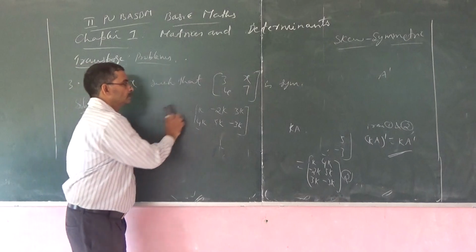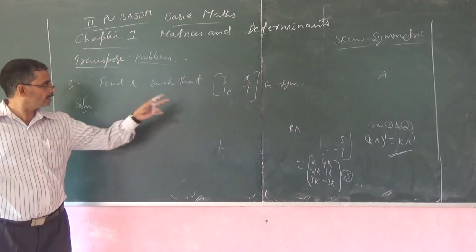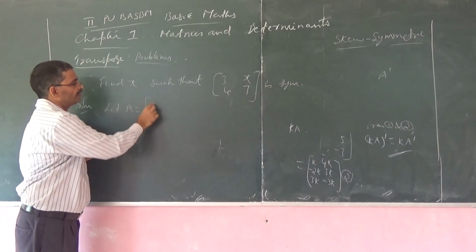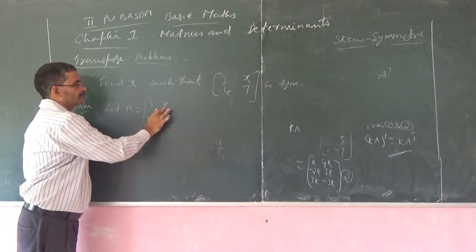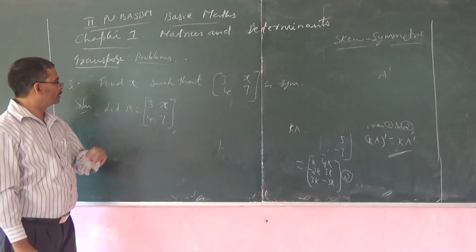So we will call it as a matrix, A equal to, just for reference purpose, [3 x; 4 7]. So what is A transpose?